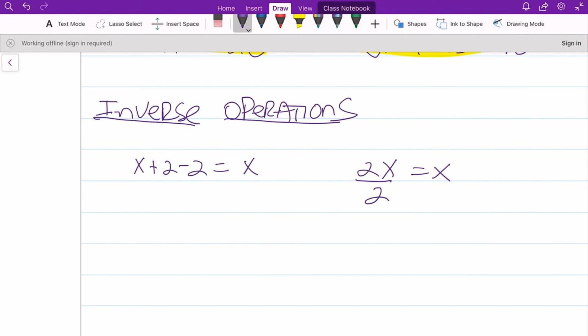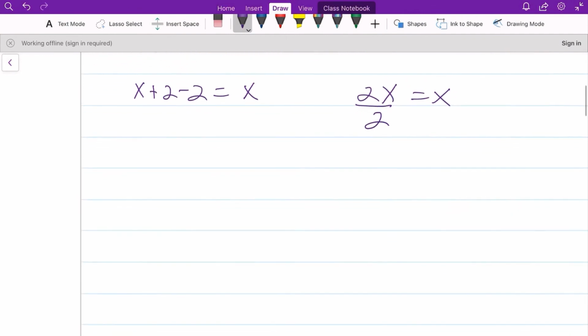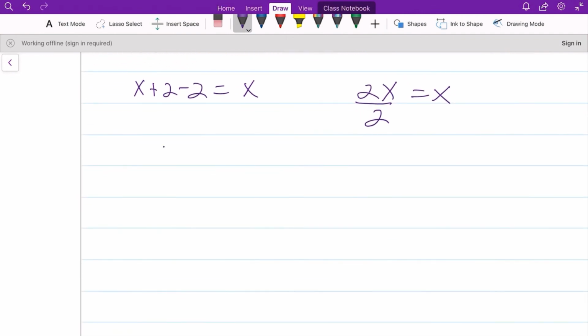Those types of principles are going to apply to what we're going to do with the square roots. For example, if I had x and I squared it, to undo that square, we would do the inverse, the opposite, which would be to take a square root.